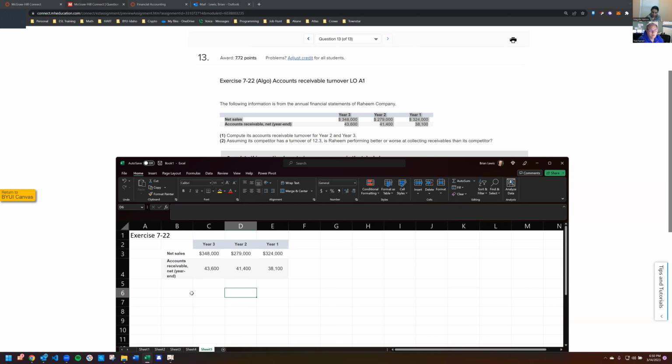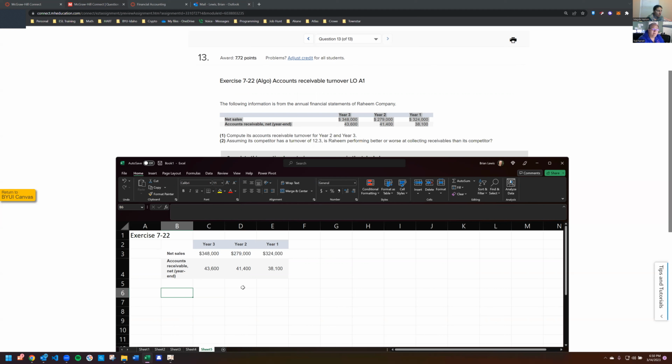That's the basic. I know the formula is different than what I'm going to show you, but I'm going to show you how my mind logically works through this, because this is turnover, right? So how many days? This is the AR days. Maybe I'm thinking of a different ratio.